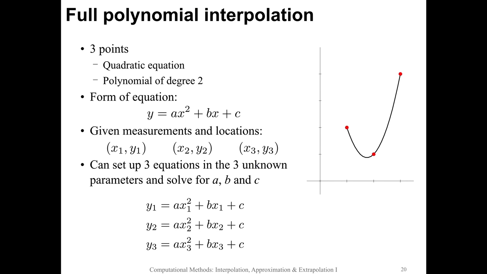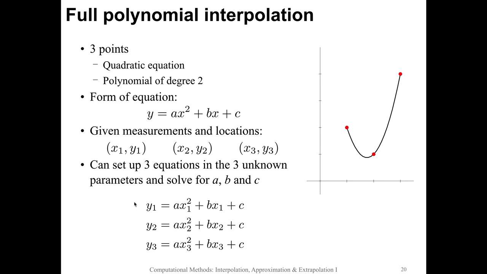So in this case, we have some measurements, we have some locations, x1, y1, and x2, y2, and x3, y3. And if we want to find out which quadratic will fit through these points, we can set up 3 equations in the 3 unknown parameters, and we can solve for a, b, and c. And we can write that down here. We've written down 3 equations at the bottom.